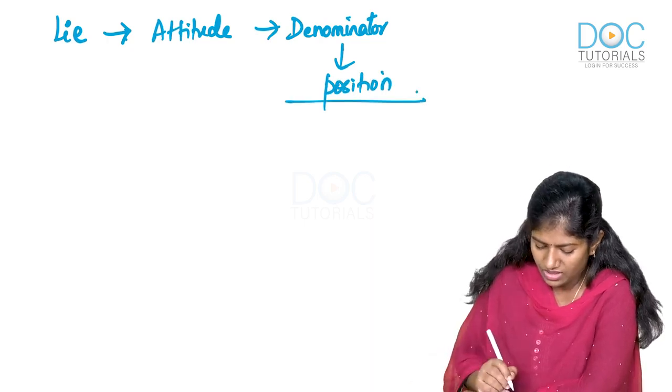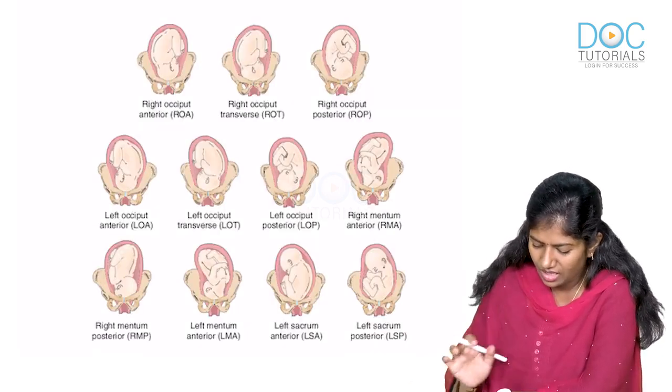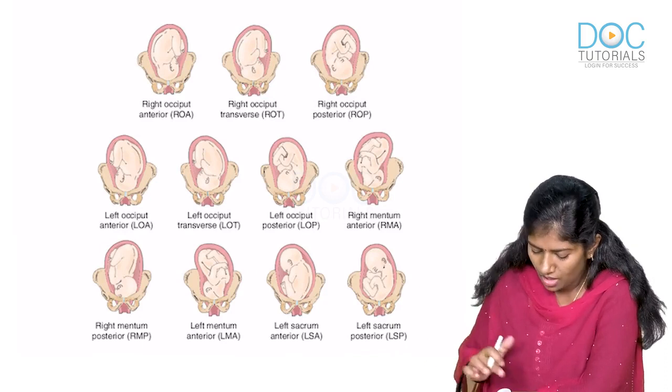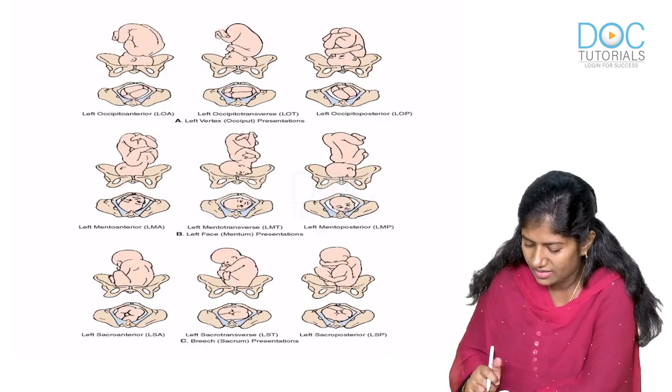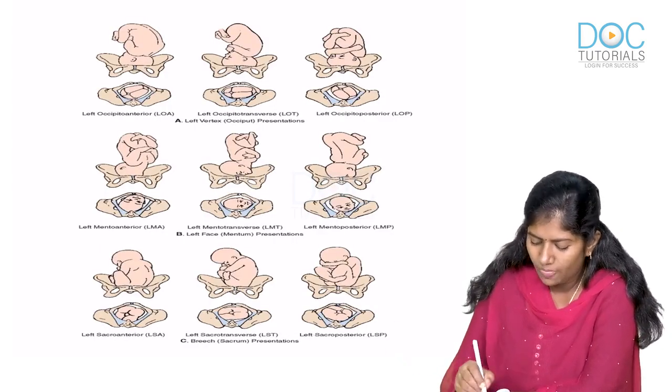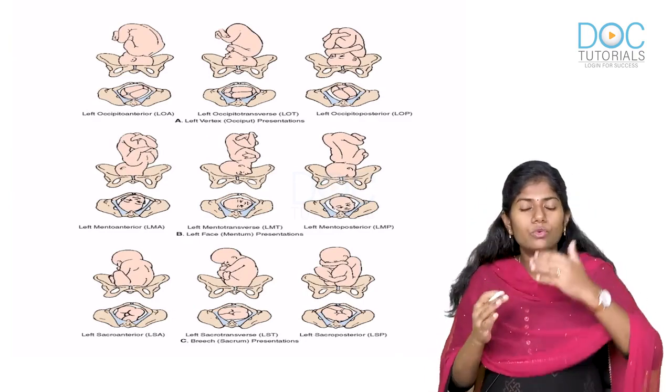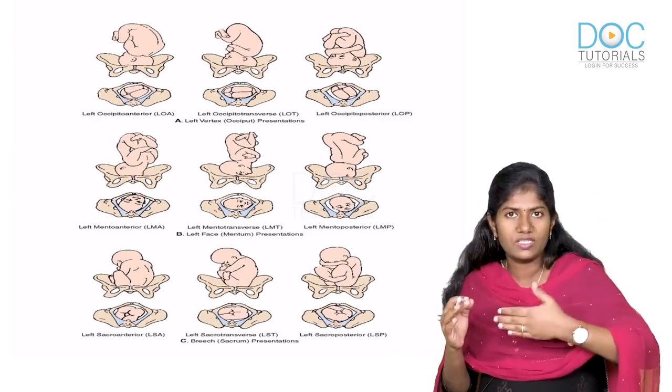Now to see the position, pictures can either be like this or like this. The picture can be a longitudinal view or a transverse or cross-sectional view.